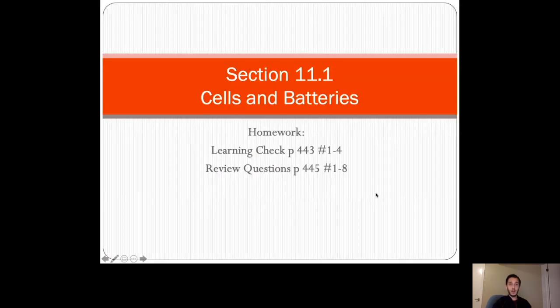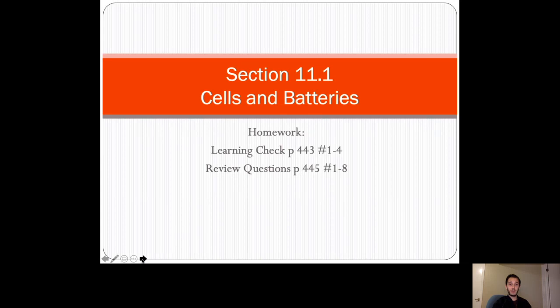So we will begin by taking a look at lesson 4, which is based on section 11.1 in the textbook, and it's cells and batteries.